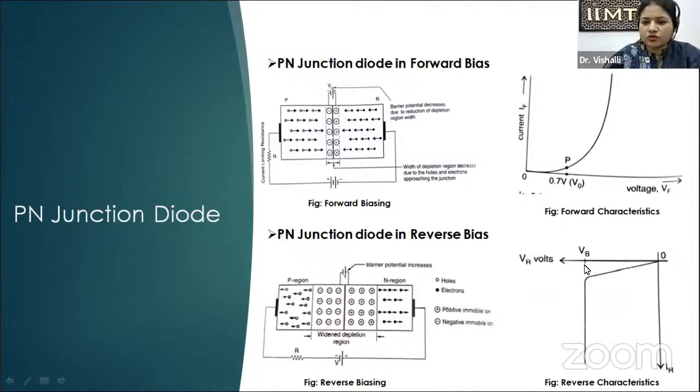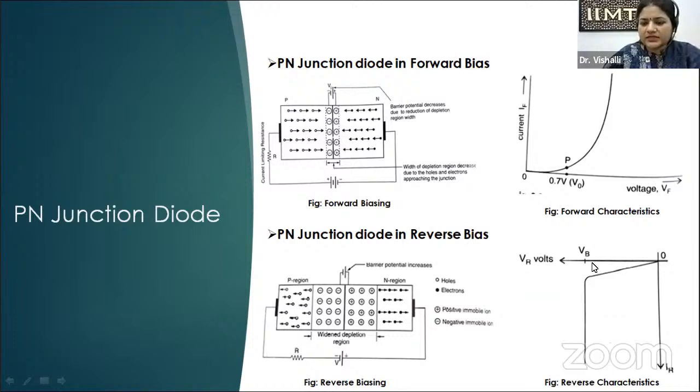After VB, which is called the breakdown voltage, the current rises sharply. But before the breakdown voltage, with the increase in the applied voltage, there is a very small increase in the current. The current along the y-axis in reverse biasing is of the order of microamperes, whereas in forward bias, the current is in milliamperes.